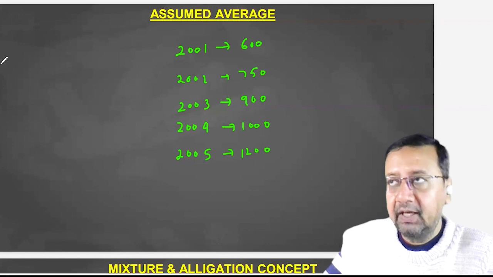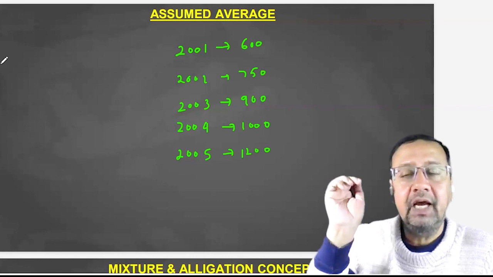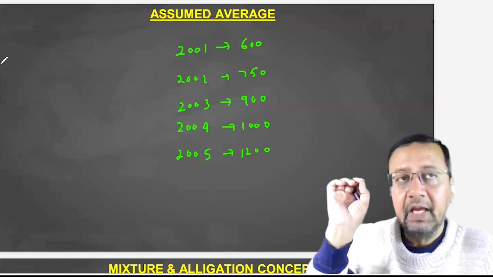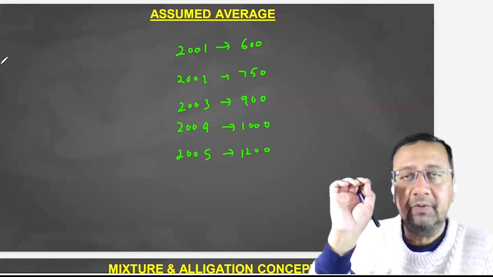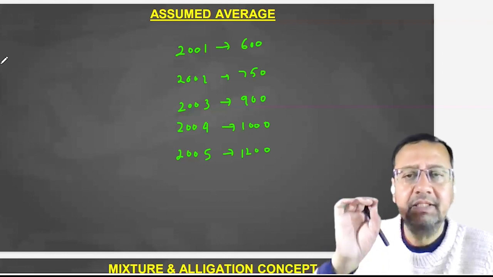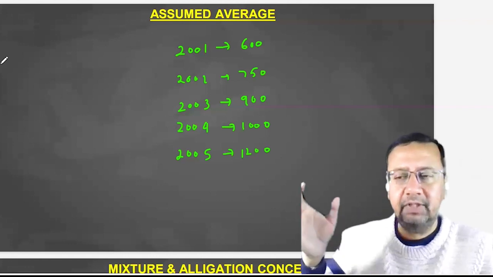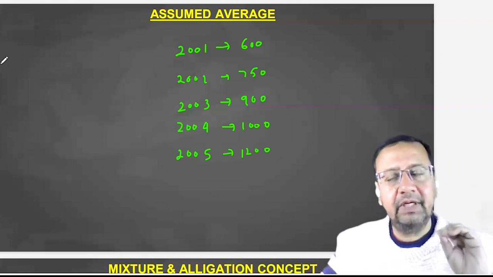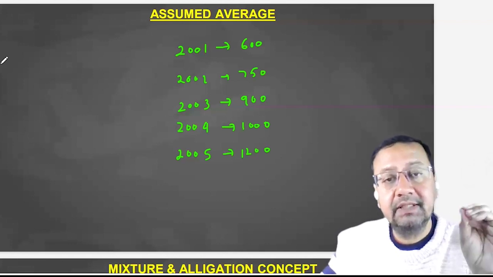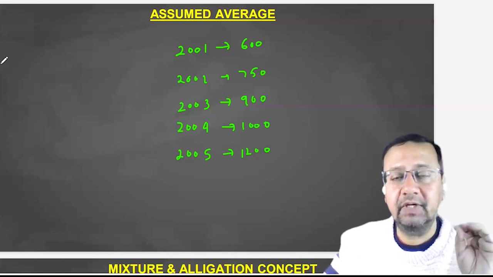So this is called the assumed average. Now, as we have defined the term average, what is average? Average is the representative figure of the group. And typically, the average is in and around the central values. If there are 10, 15, 20 values, the average is somewhere near the central value. This is the typical characteristic of the average.